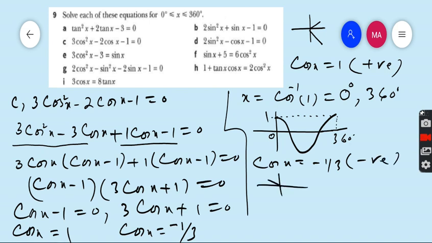negative, and cos is negative in the second and in the third quadrant. So x is equal to cos inverse minus 1 upon 3, and cos inverse minus 1 upon 3 is 109.5, correct to one decimal place.